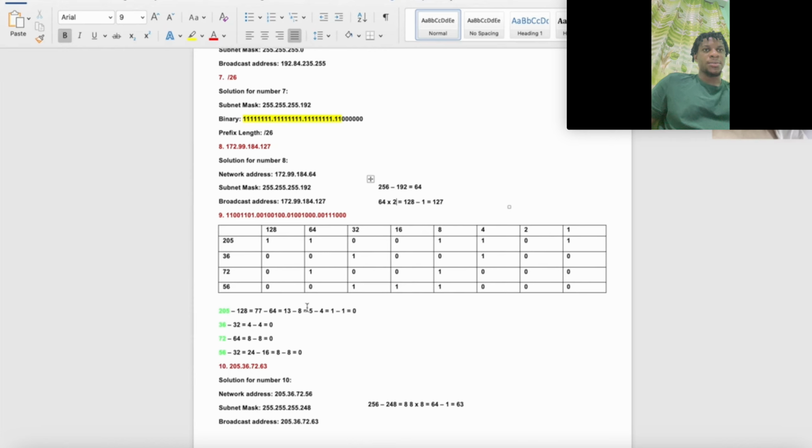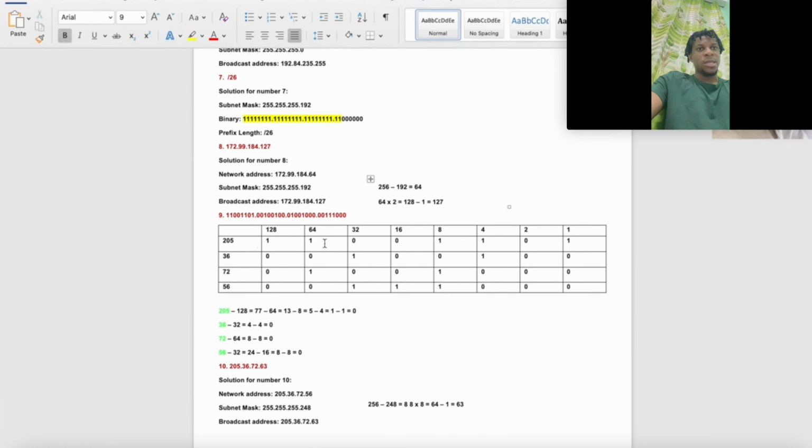Number 9. This is the table for the solution for number 9. 205, 36, 72, and 56. So from here we're going to get our answers for the solution for number 9. We will start with the first one. 205 minus 128 is equal to 77, minus 64.